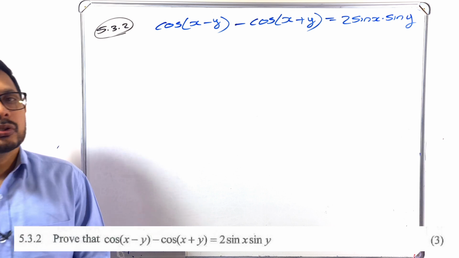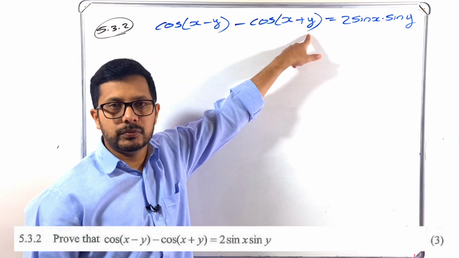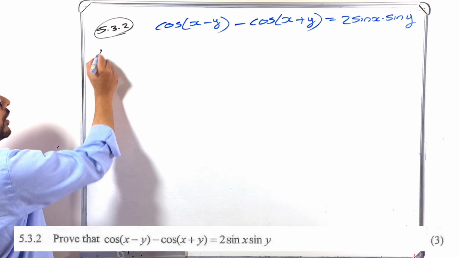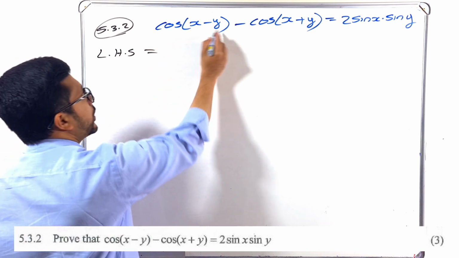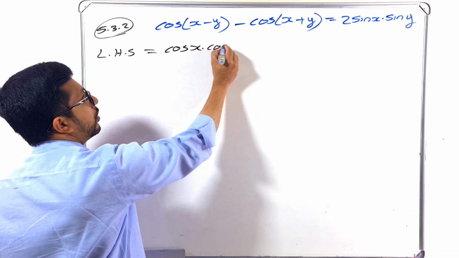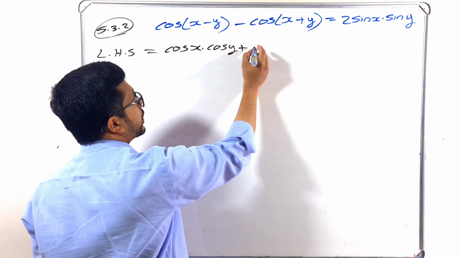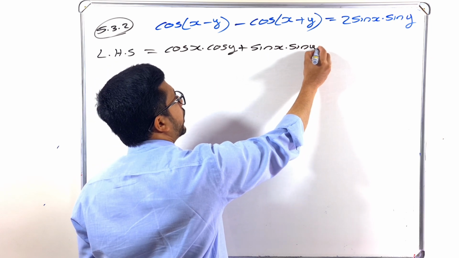So to prove this one, you have to know the expansion of this one and the expansion of this one. What is the expansion of cos of x minus y? Let's take the LHS, left hand side. What is the expansion of this one? That you have to know by heart. Cos x into cos y, here it is minus, so it is plus sin x into sin y.